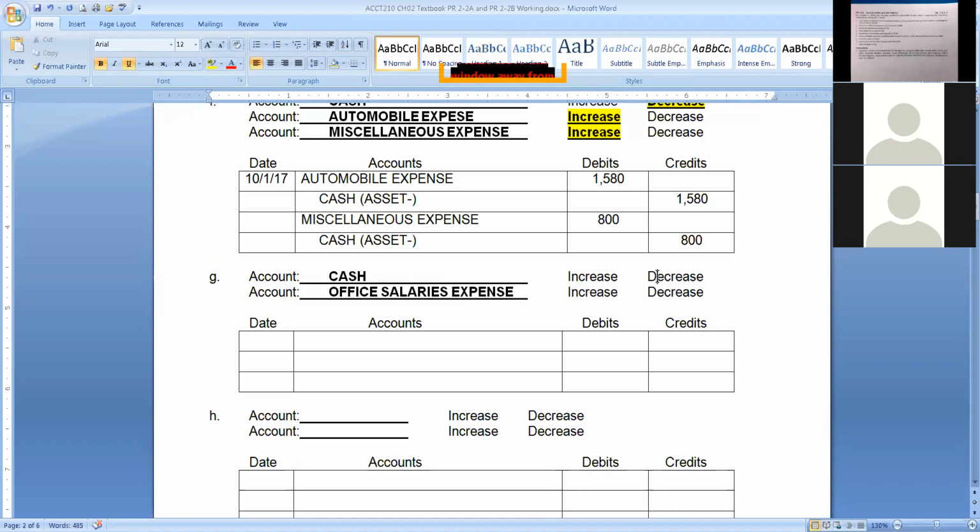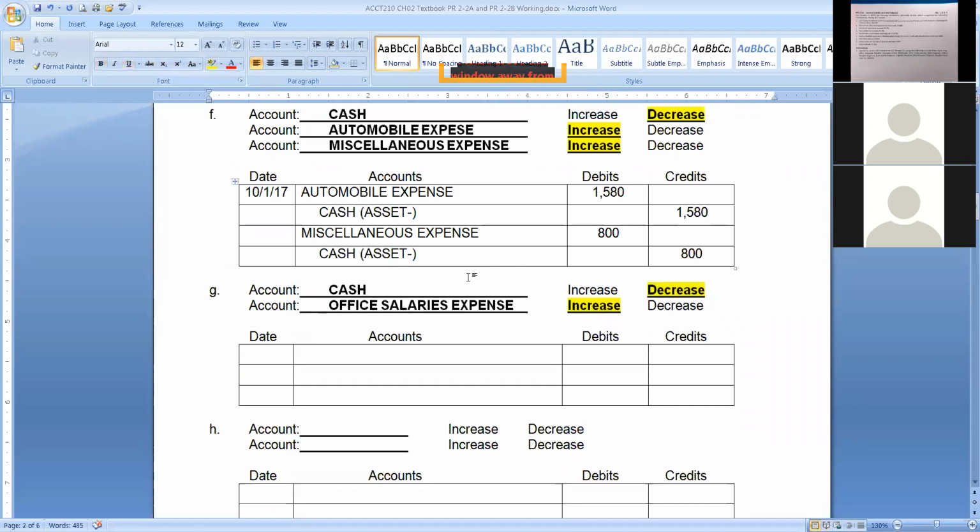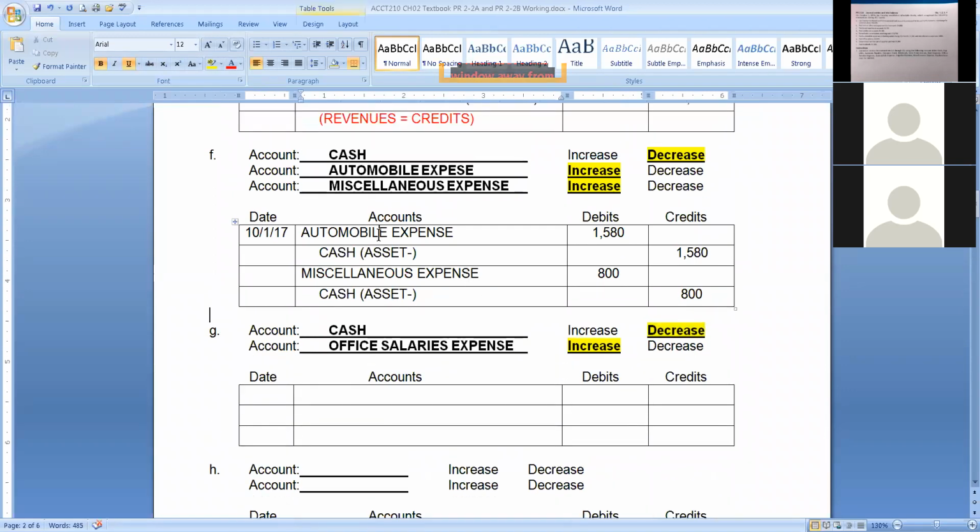And cash is decreasing, and office salary expense is increasing. And I'm going to jump right ahead. We know that expenses are always debits.